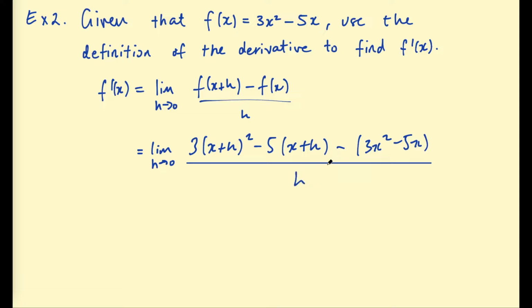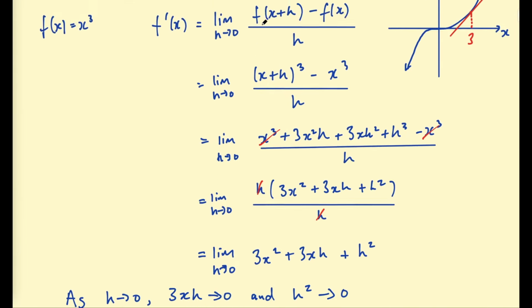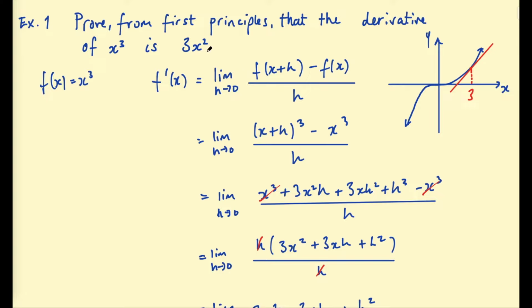And I forgot to say at the start, keep your eyes peeled for some patterns as we take these derivatives. So here we're differentiating 3x squared take 5x. See if you can notice something in relation to the exponents and the coefficients. Remember that the derivative of x cubed was 3x squared.